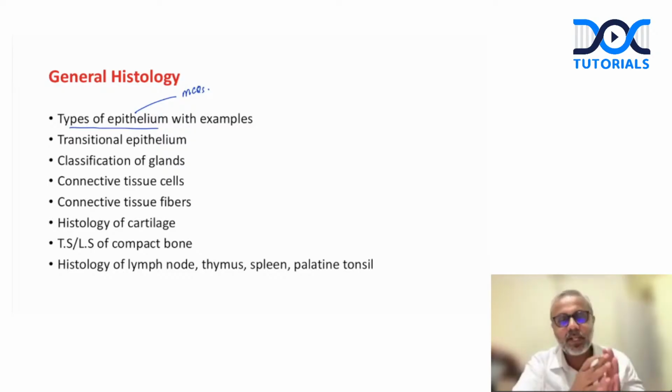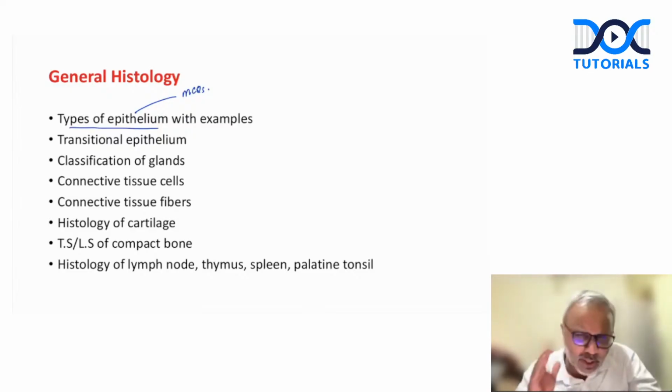For simple, stratified as well as pseudo-stratified epithelium, you must know at least 2 or 3 locations, right? For example, simple squamous epithelium: what are the locations in which it is found? For example, mesothelium, the alveoli of the lung, and the blood vessels as endothelium. This is how the questions will be framed. So you will get a lot of MCQs from types of epithelium, especially.